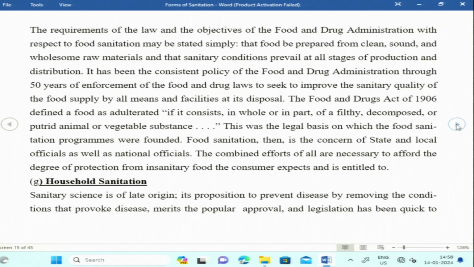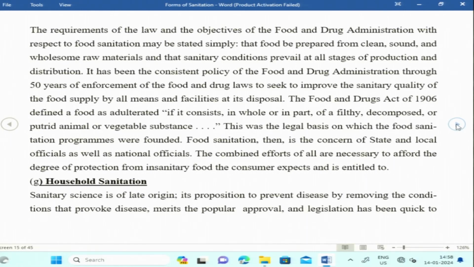So, we have to have certain basic legal bases for food sanitation programs, and for that the most important thing is the efforts of the government, and how food sanitation can be seen as an important agenda for the concern for citizenship. And then we can move to a sort of personalization.